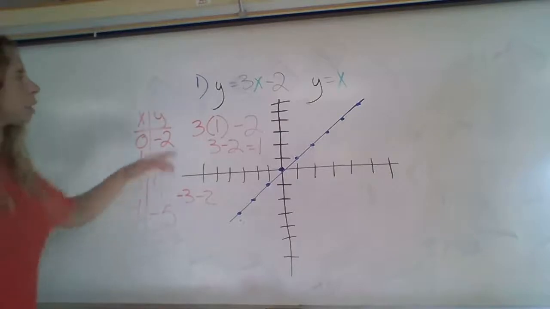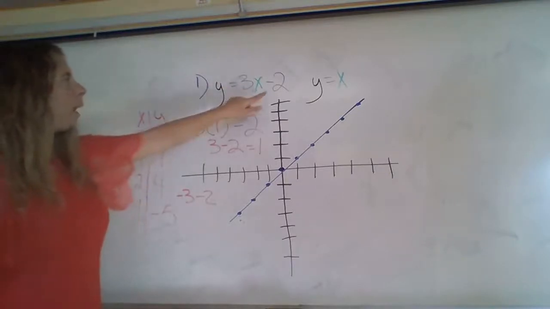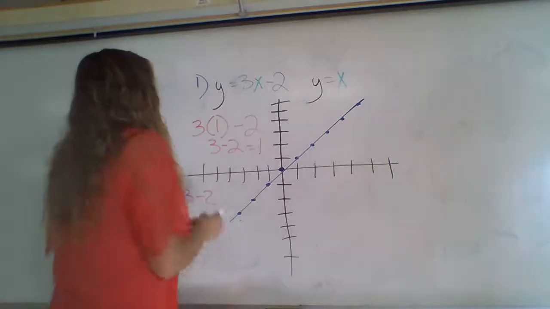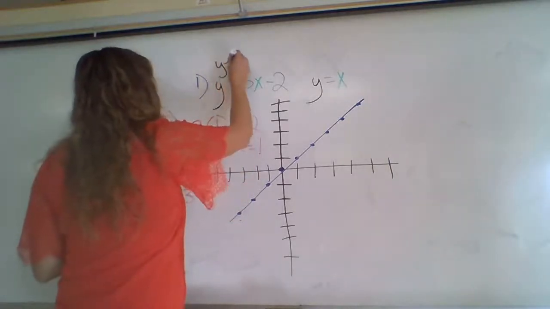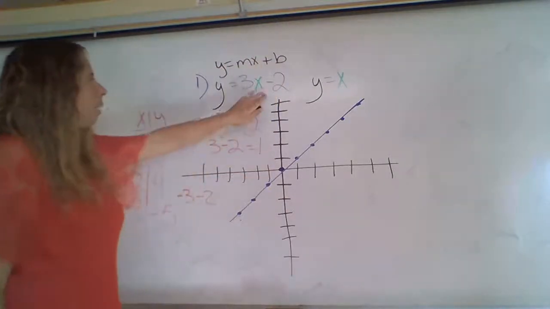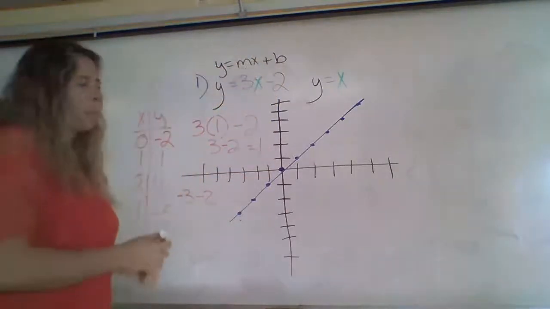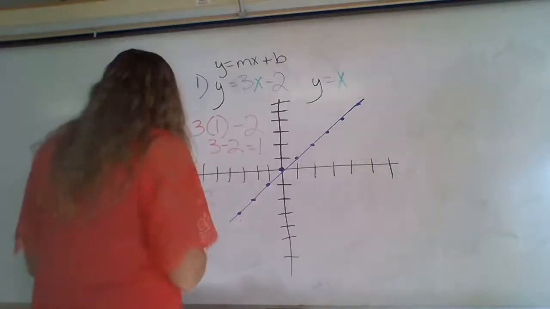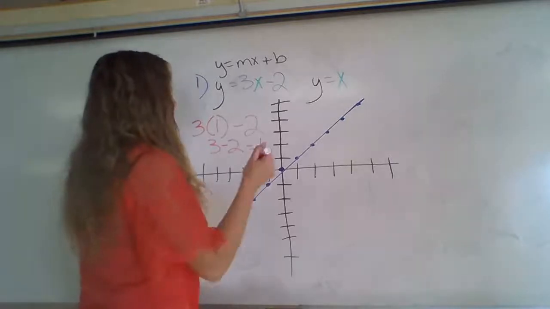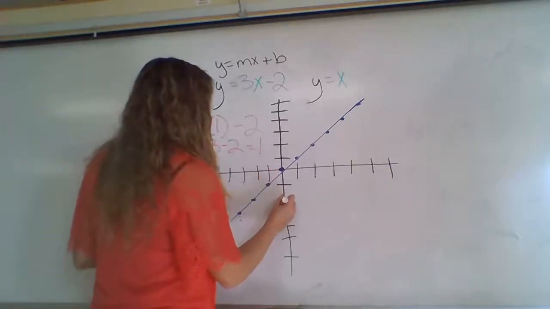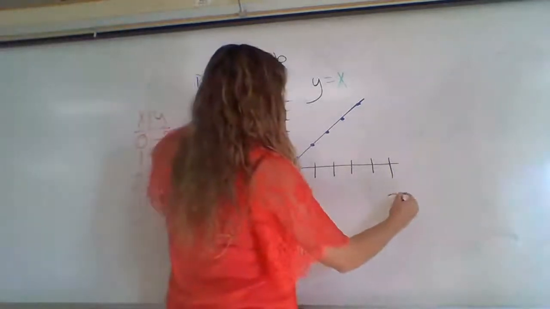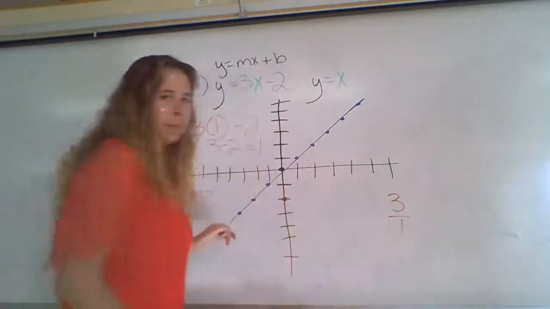You can also just start with the y-intercept. This is in the form y equals mx plus b. B is your y-intercept, so your y-intercept is negative 2. Let's graph it in red. My y-intercept is negative 2, and my slope is 3, which means 3 over 1.